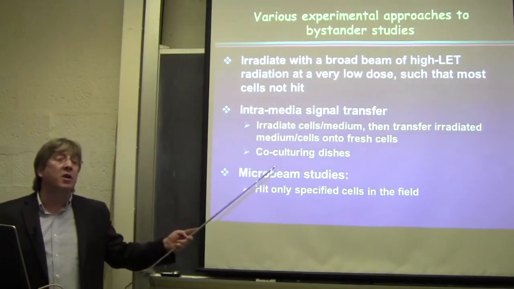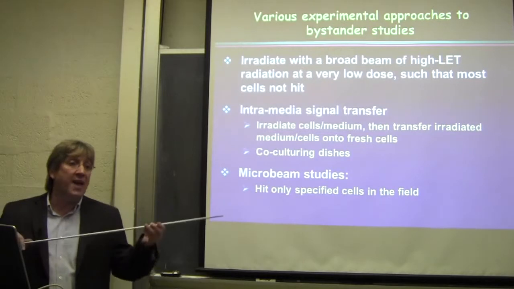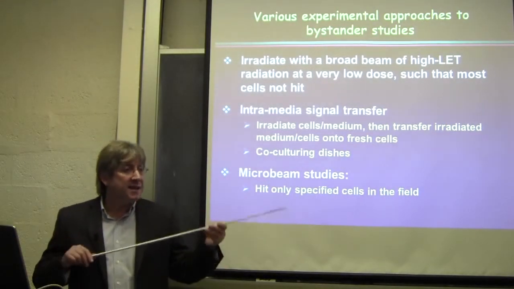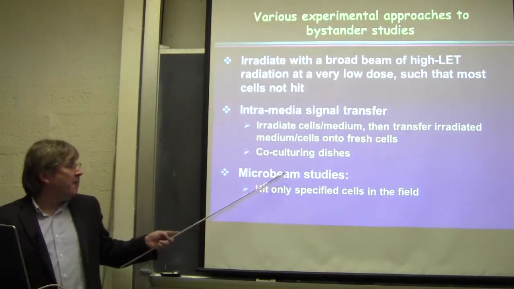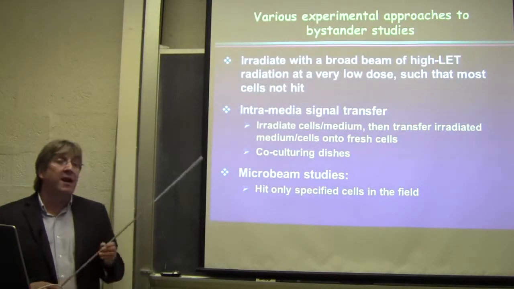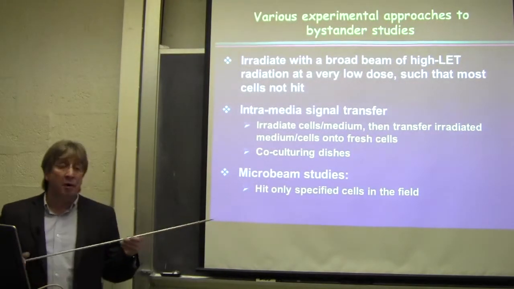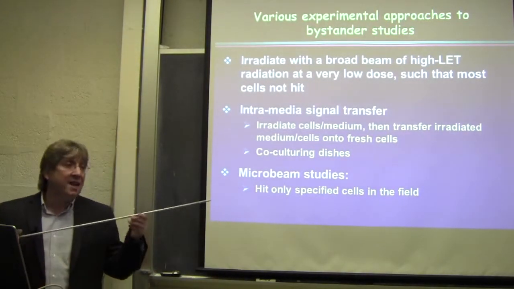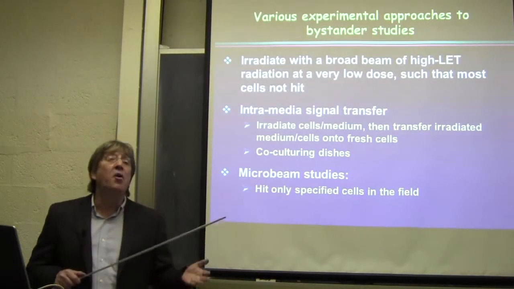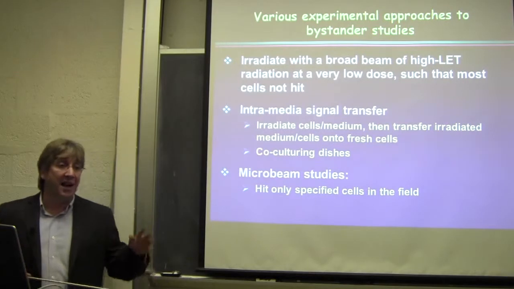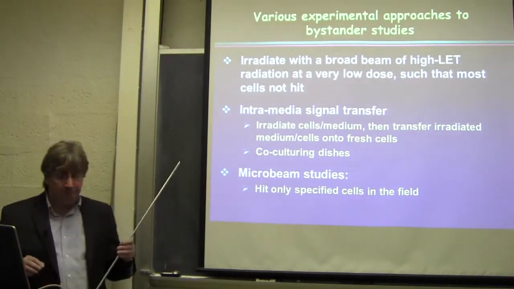And there are also co-culturing experiments where you figure out ways of irradiating some cells in a dish but not other cells in a dish. But certainly the most elegant and most generally useful approach is the microbeam approach, where you can guarantee that you can hit specific cells in the field and know exactly which cells they are. You can say, I hit this one, and I have not hit that one.